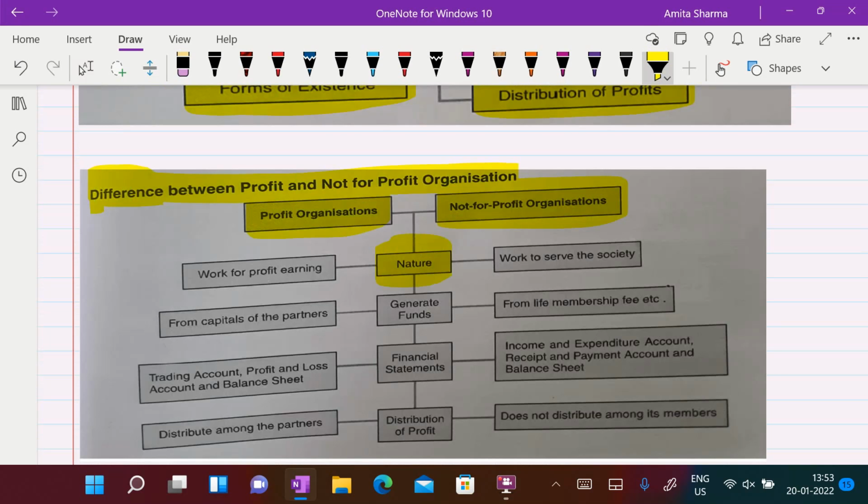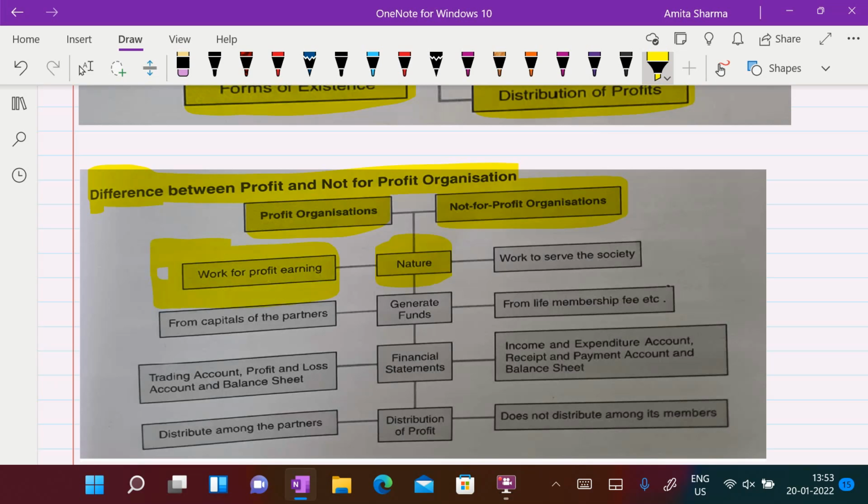Let us talk about the profit organization. Profit organizations are set up or work for earning profit. Their motive is to earn more and more profit.